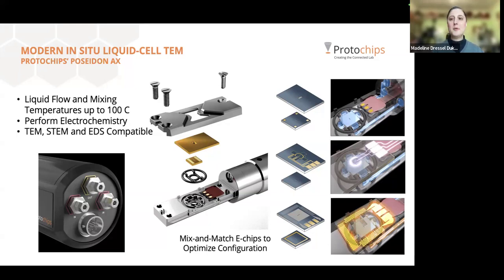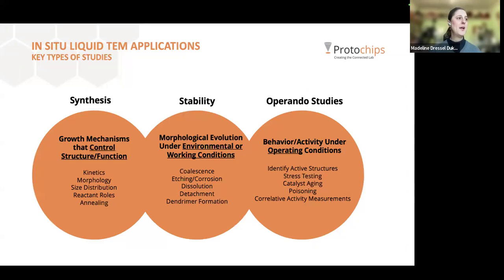And so at this point, I'm going to talk a little bit about the workflow and the challenges, and then we'll go into what people are using this technique for. So in terms of studies, what I see the most in the literature really can kind of be divided into a couple of buckets. There's a lot of synthesis and growth studies looking at changes in kinetics and morphology, size distribution, and how things are growing and changing under certain conditions.